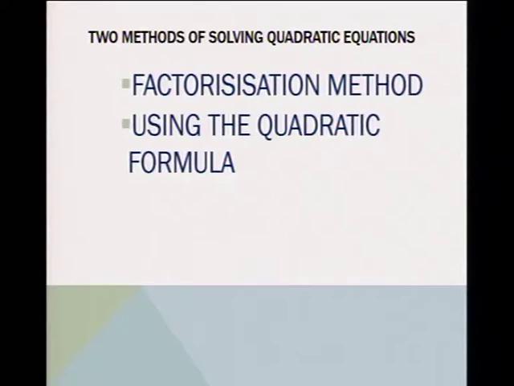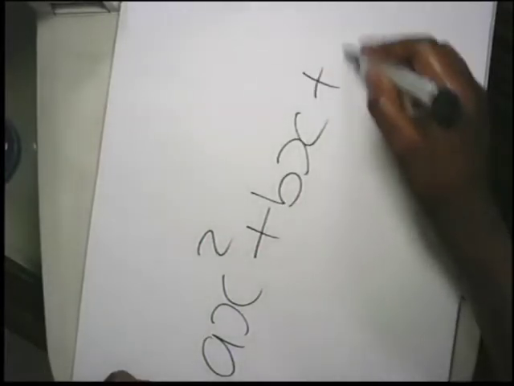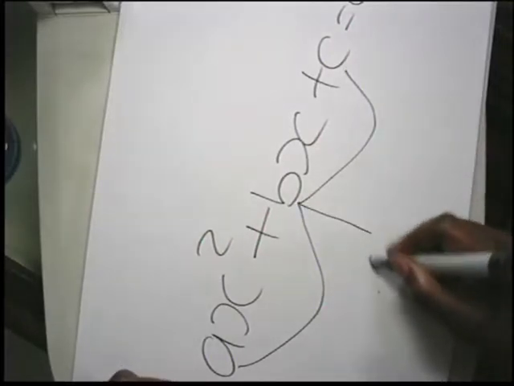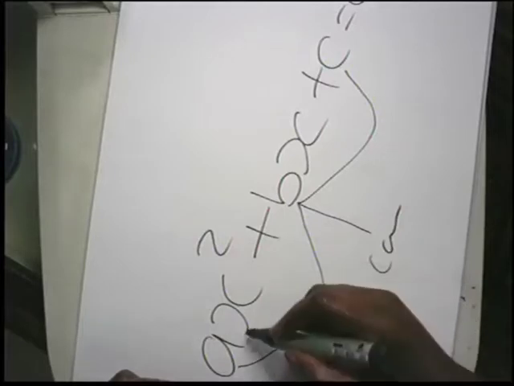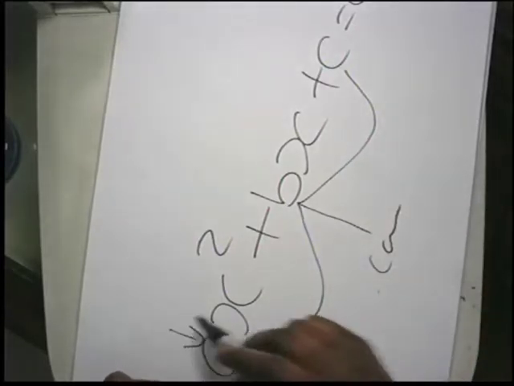The general form of a quadratic equation is ax squared plus bx plus c equals 0. A, B, and C can be known, and x is the unknown variable, and this a can never be 0.